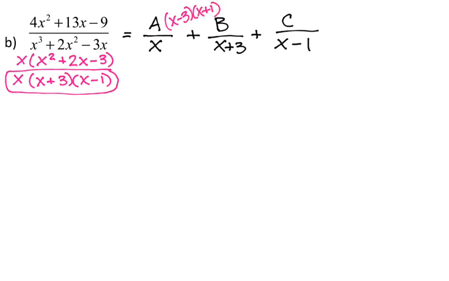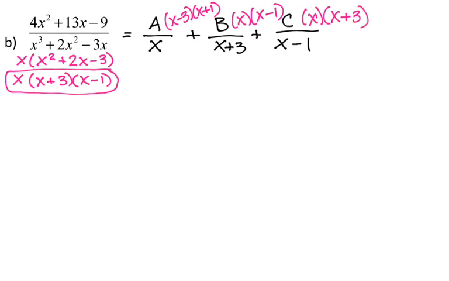And then for my B fraction, I have the x plus 3, so I have this piece. I just need the other two factors, so I need x and x minus 1. So I'm going to multiply this by x and x minus 1. And then for C, I have the x minus 1. What I'm missing is the x and the x plus 3. So that is what I'm going to multiply, x and x plus 3.